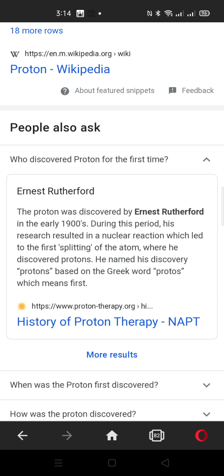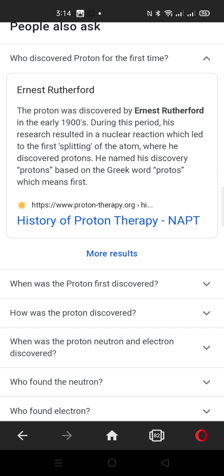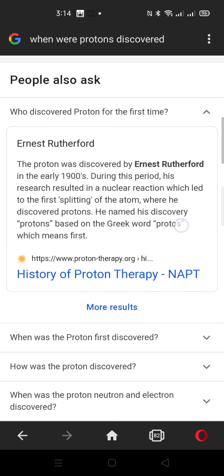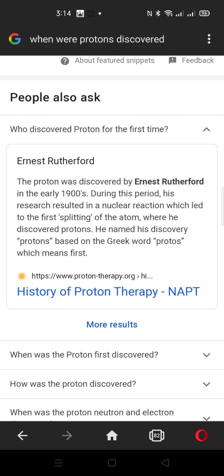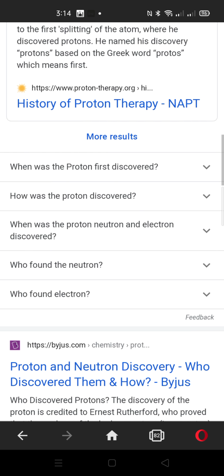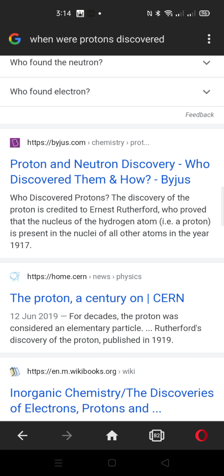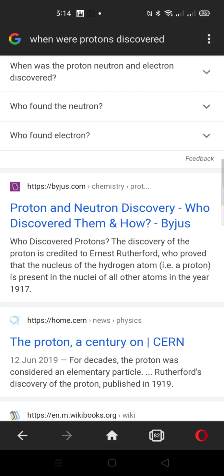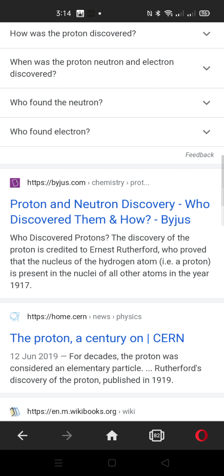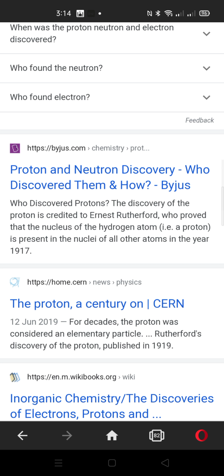In the early 1900s, Ernest Rutherford, I'm sure you've heard of the Rutherford theory, which was not the theory that we follow today. It was the plum pudding theory, where he thought that the atoms were pudding. The discovery of the proton is credited to Rutherford, who proved that the nucleus of the hydrogen atom is present in the nuclei. 1917.